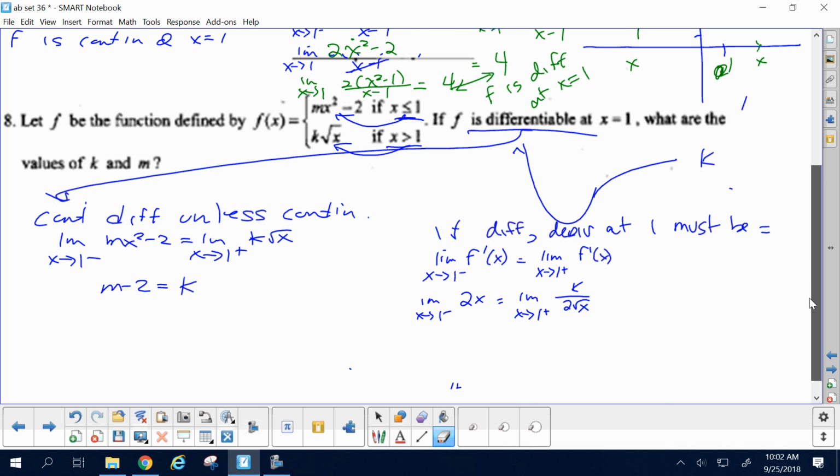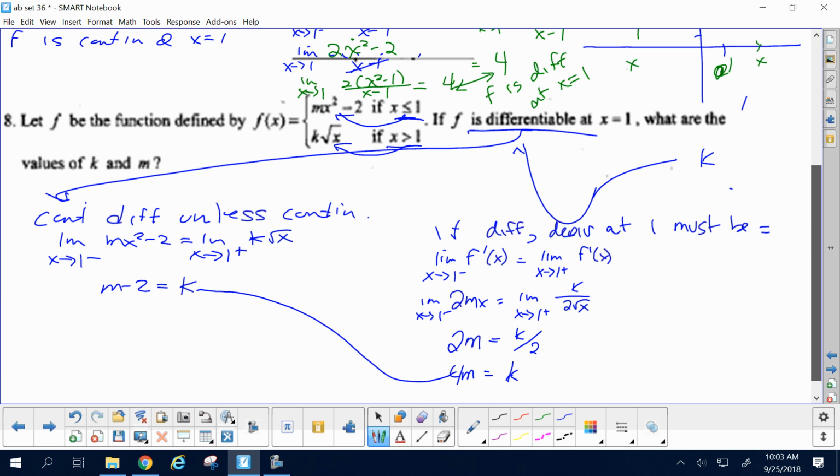It should be what? 2mx. Awesome. Thanks. So, at 1, what is this derivative equal to? 2m. And at 1, what is this derivative equal to? K over 2. So we have a little more work to do now. K is 4m.